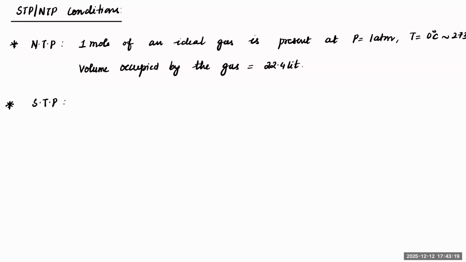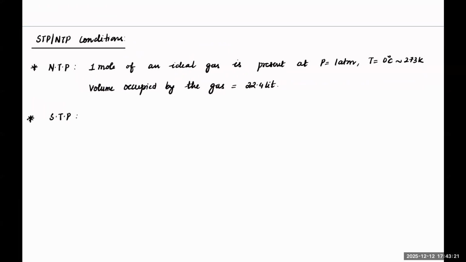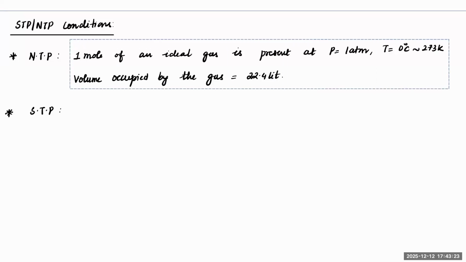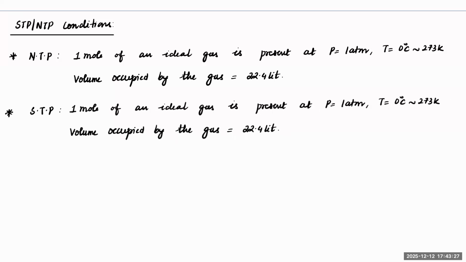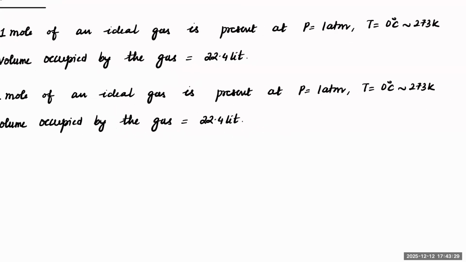Now, as it comes to STP, the definition almost goes the same here, except instead of temperature, sorry, yeah, that's correct, instead of this atm, now we have a bar pressure.